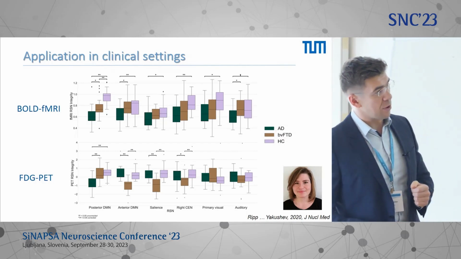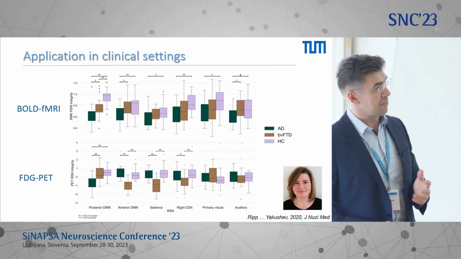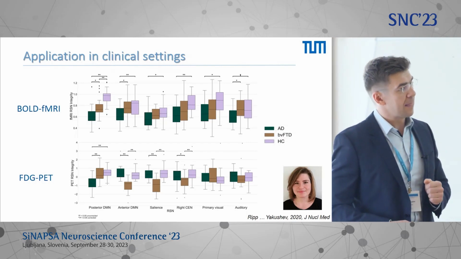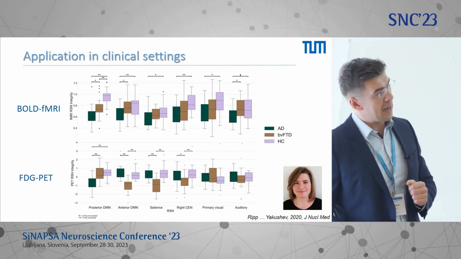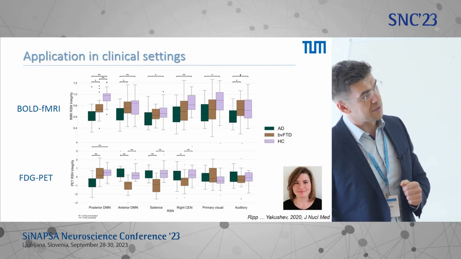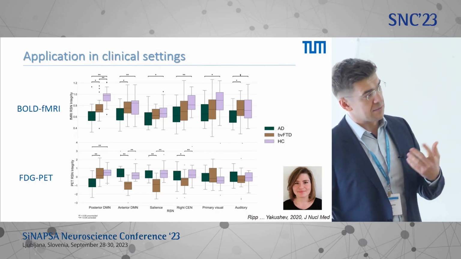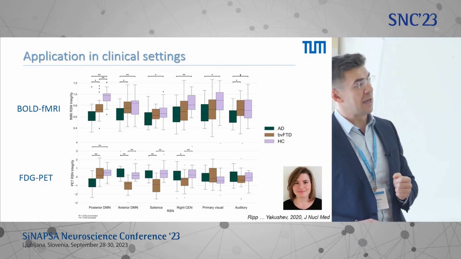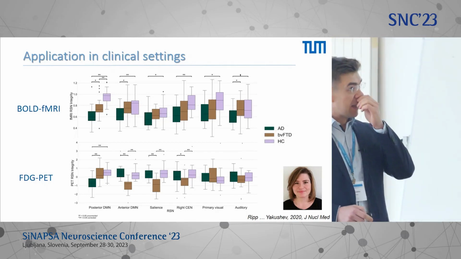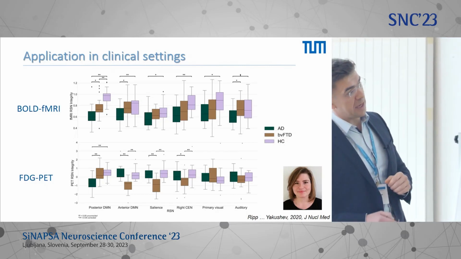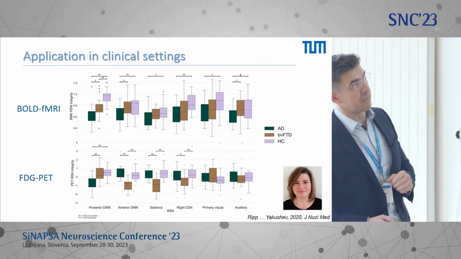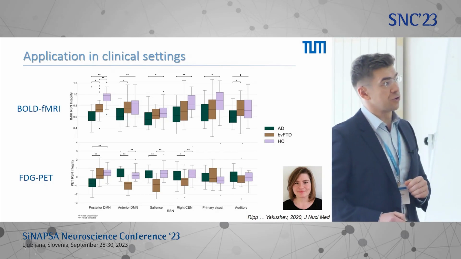We can also call them cognitive resting state networks, like posterior and anterior DMN, default mode network, salience network, central executive network, and we use two resting state networks as reference, which are supposed to be not related to cognition, primary visual and auditory network. These were also simultaneously acquired data for three groups: patients with Alzheimer's disease, with behavioral variant of frontotemporal dementia, and healthy controls.